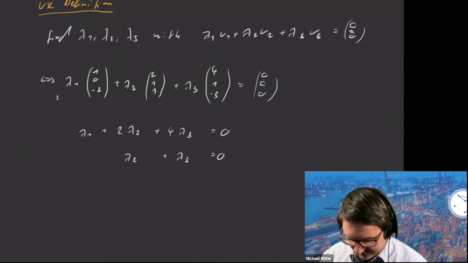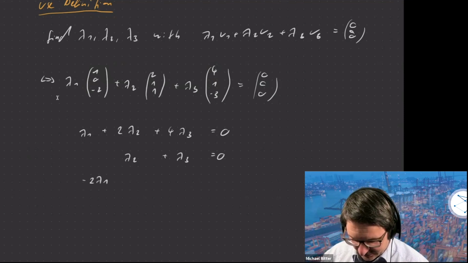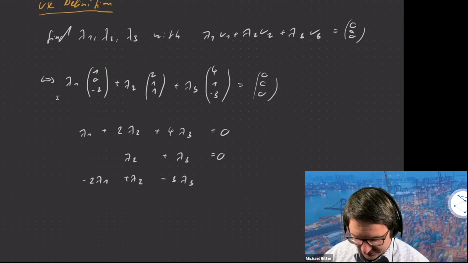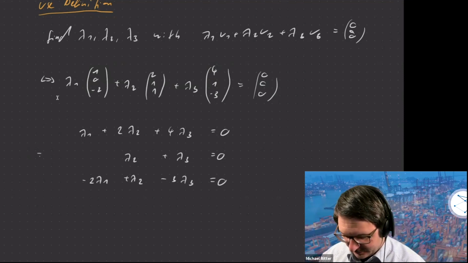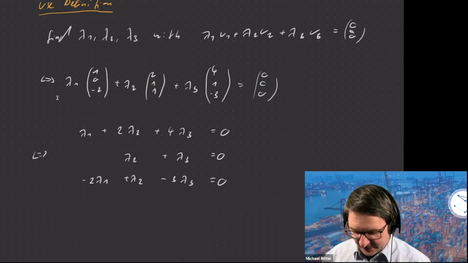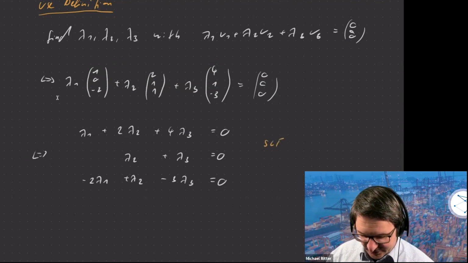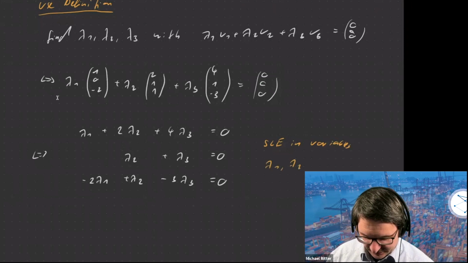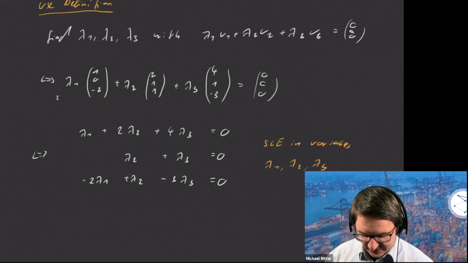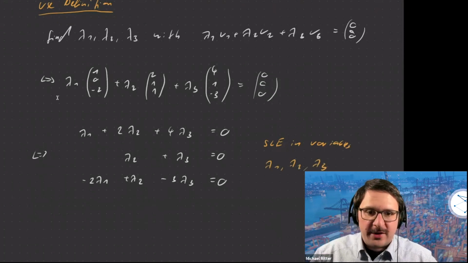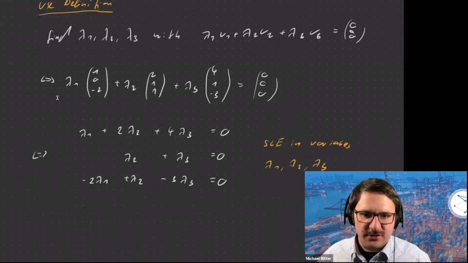And the third one is minus 2 lambda 1 plus lambda 2 minus 3 lambda 3 is equal to 0. So that's a system of linear equations in variables lambda 1, lambda 2, lambda 3. And basically we want to know whether it has more than one solution.